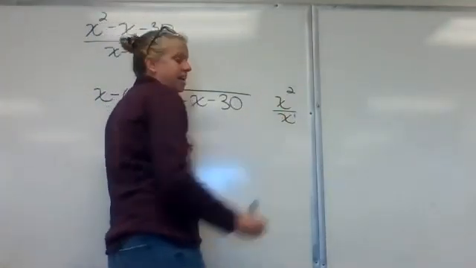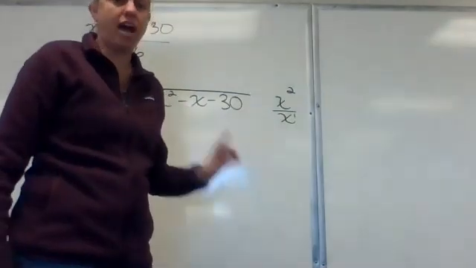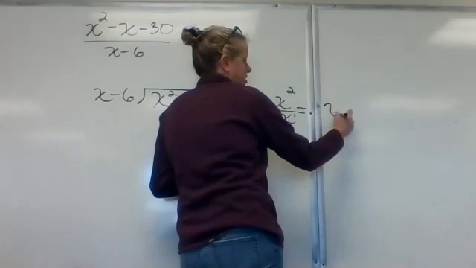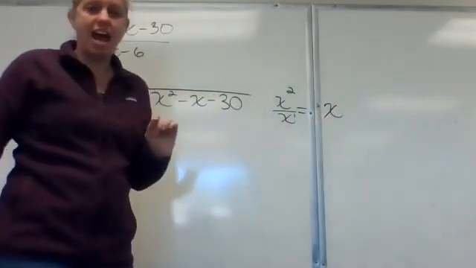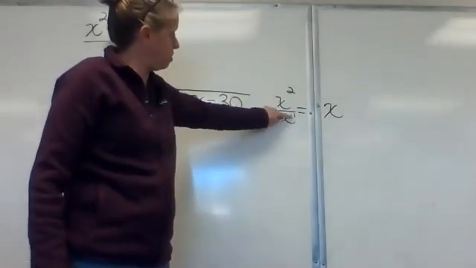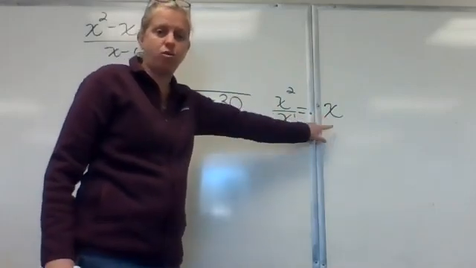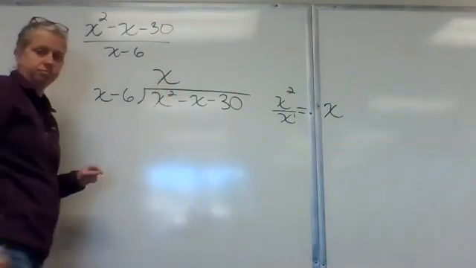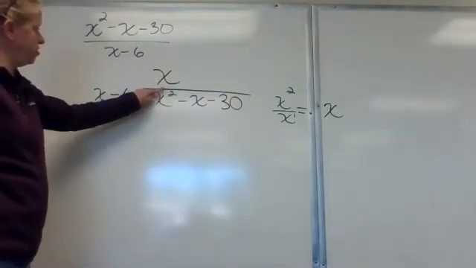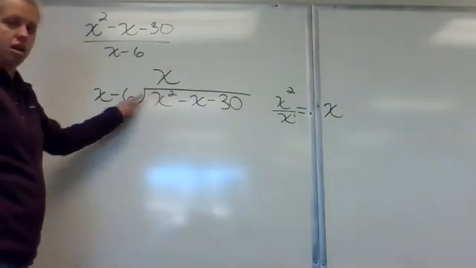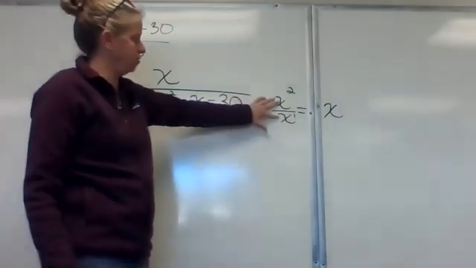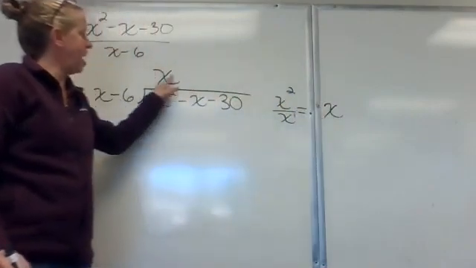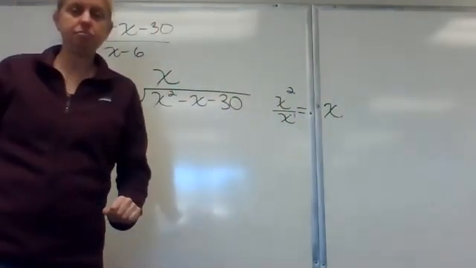When you're dividing, you subtract exponents. So x squared over x leaves just an x, because if I subtract my exponents, I get x to the first power, which is just x. That is what comes right here.